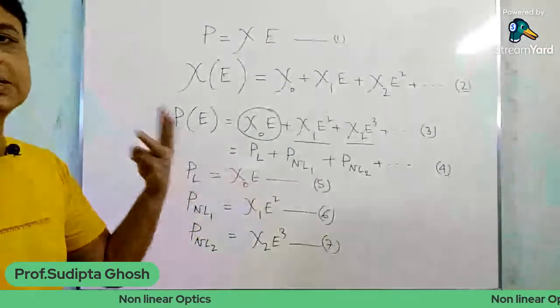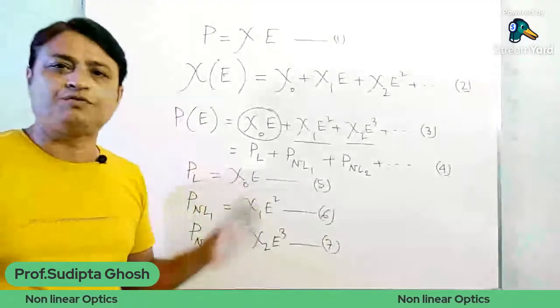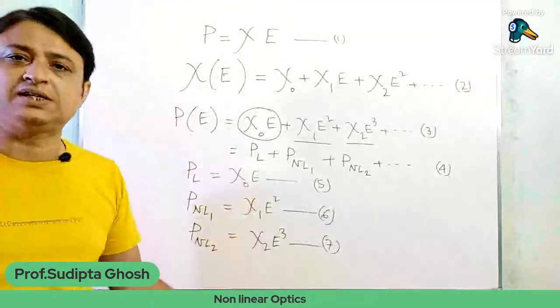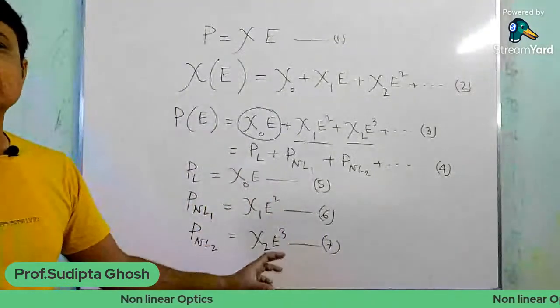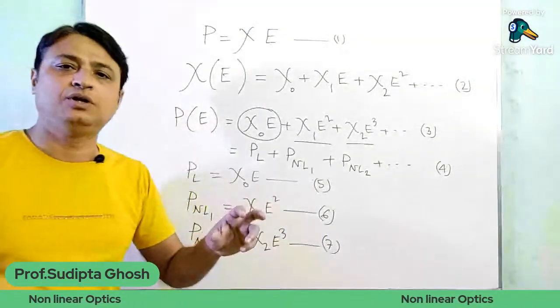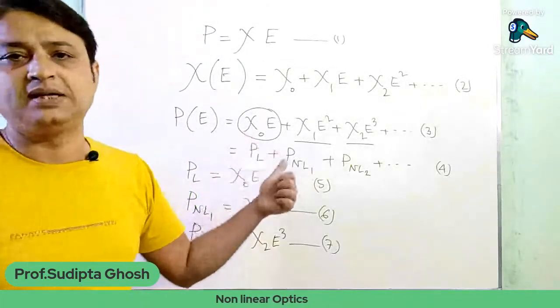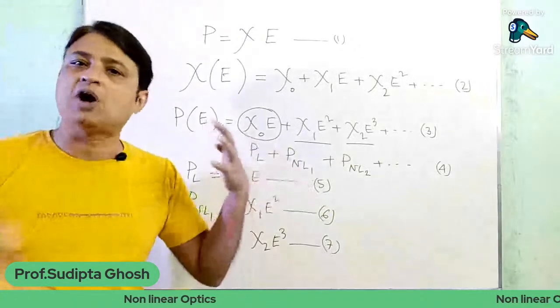Three effects can be understood from these three equations 5, 6 and 7. So when a highly powerful laser beam interacts with this dielectric material, three things can be observed.